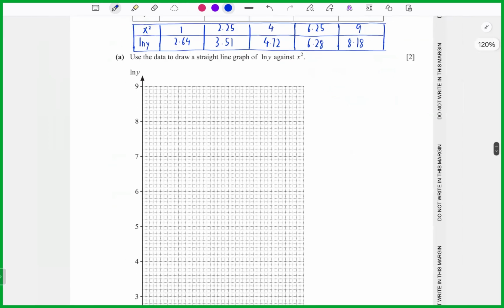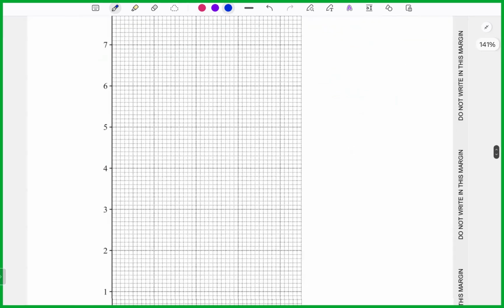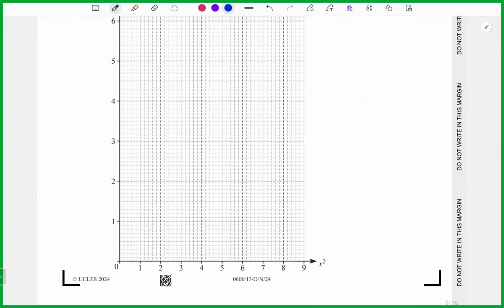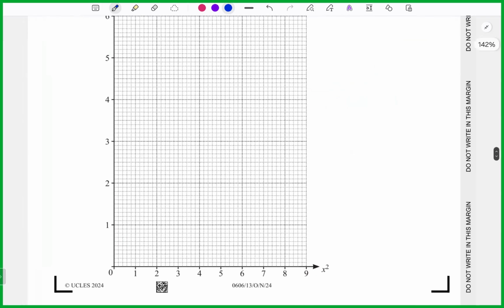Okay, so now you try. The value is 2.64, right? But you try to see, 2 minus 1 means here we have 1 unit. If we divide it by 10 spaces, you will get 0.1 units.